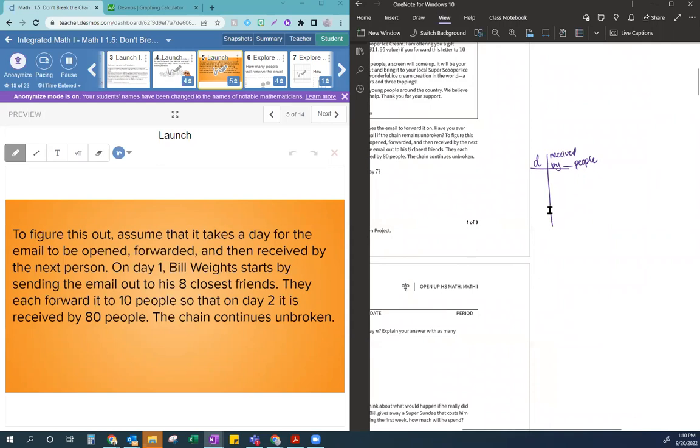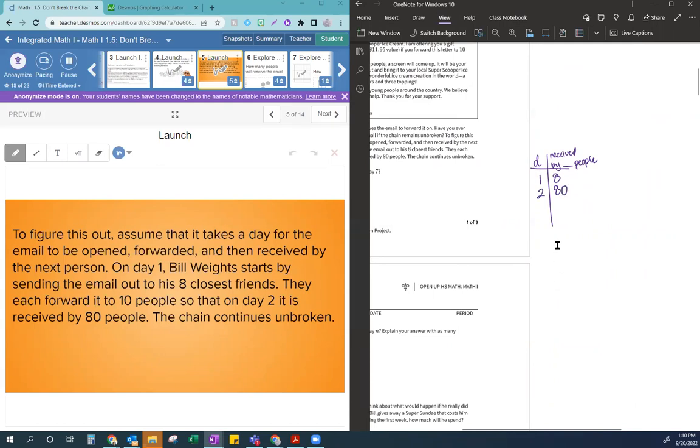Okay, it's going to come up, I promise. Okay, and then day 3, what would I do then? How would I get the next row of people? There it goes. Yes, very good. Thank you. Both of you are right.